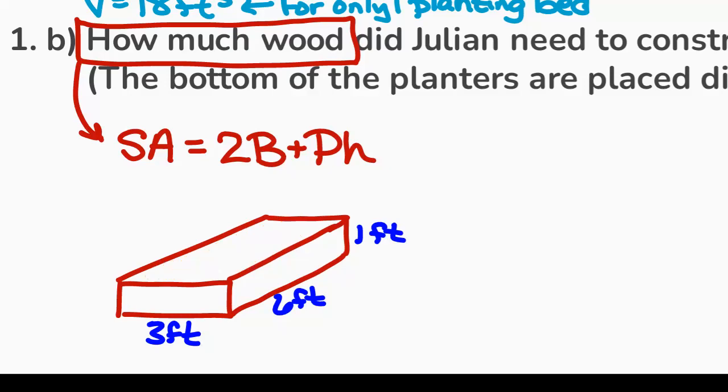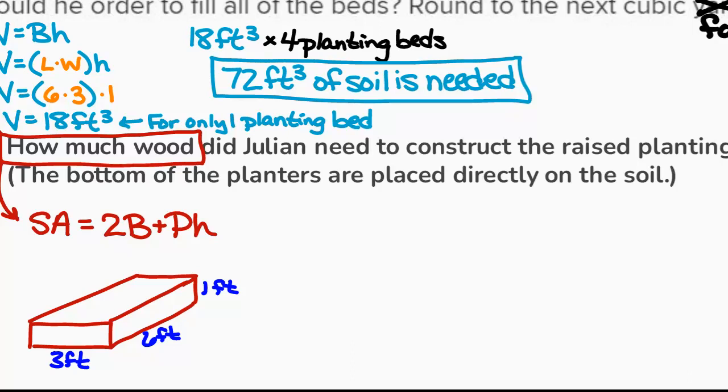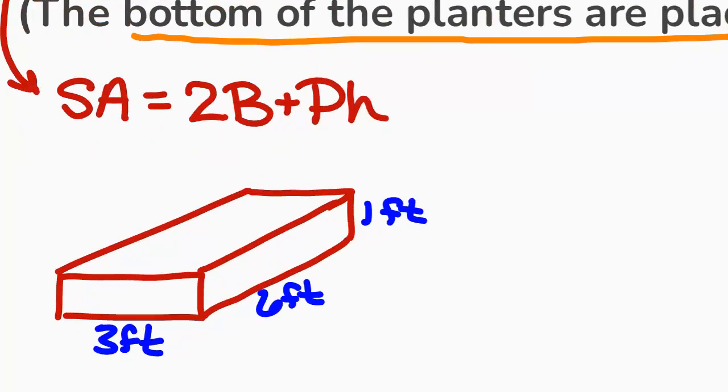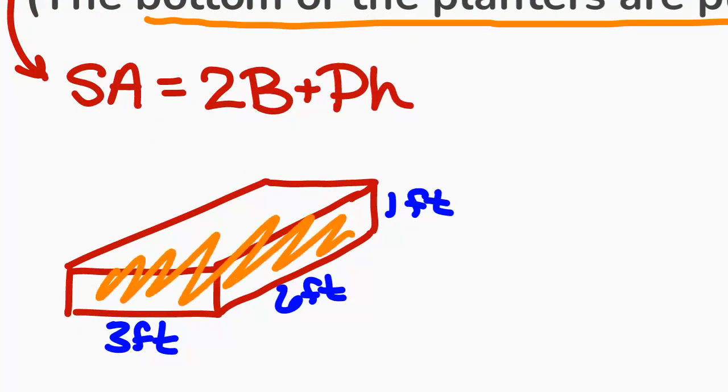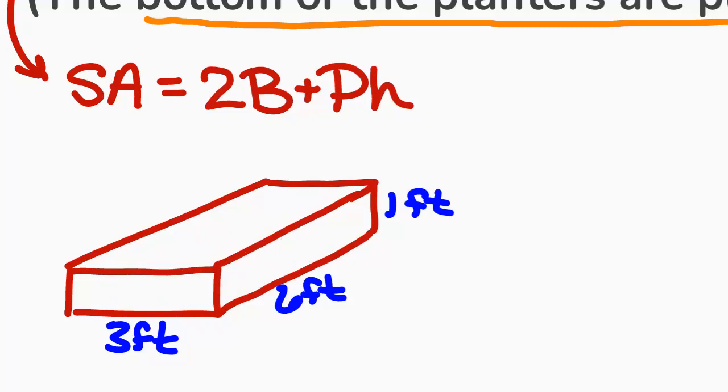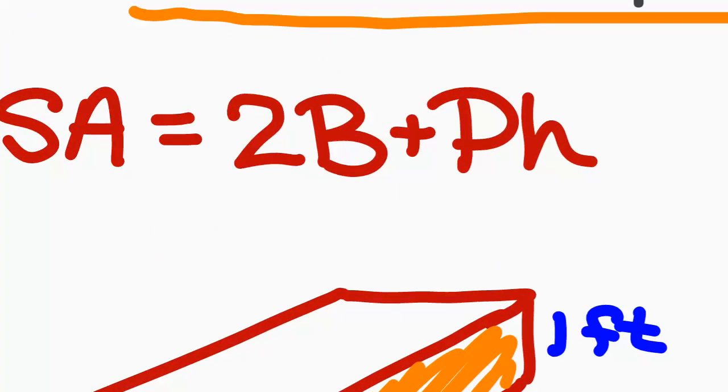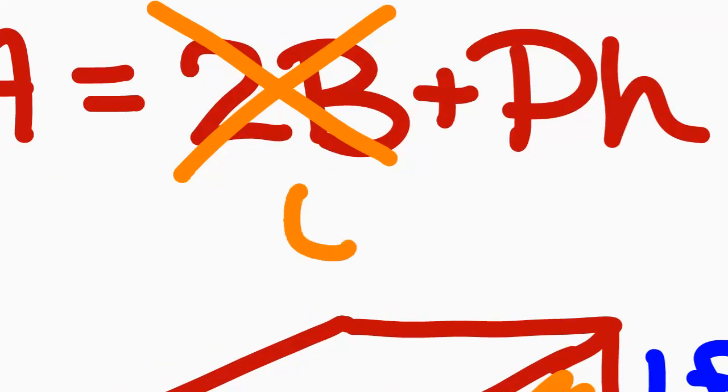It also tells us down here at the bottom in parentheses, the bottom of the planters are placed directly on the soil. So would the bottom of this planting bed be made out of wood? No. So the only thing that's made out of wood are the 4 sides of the planting bed. So we don't need the area of the bases because there's no top and there's no bottom.